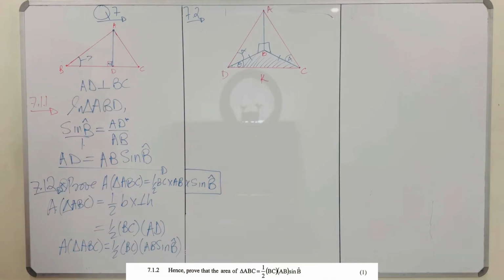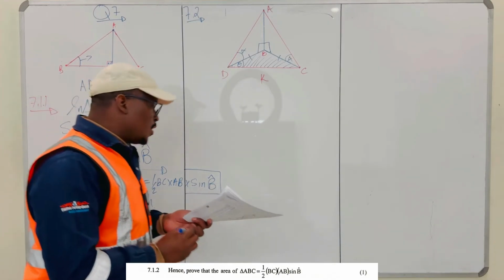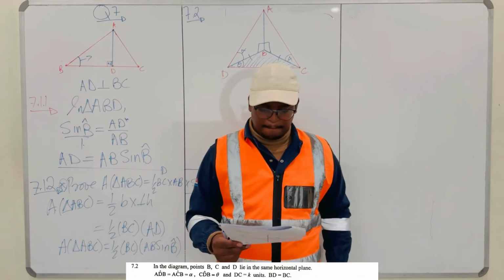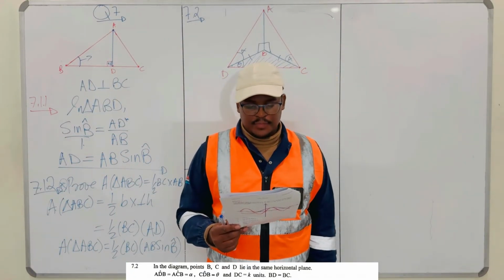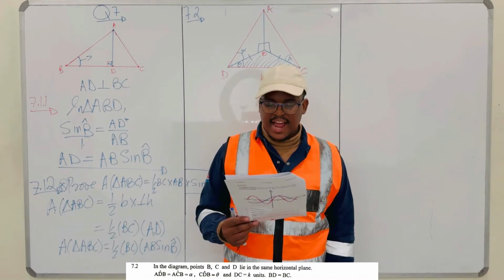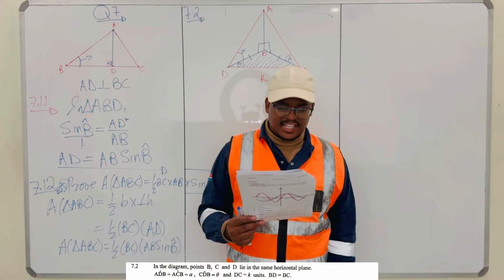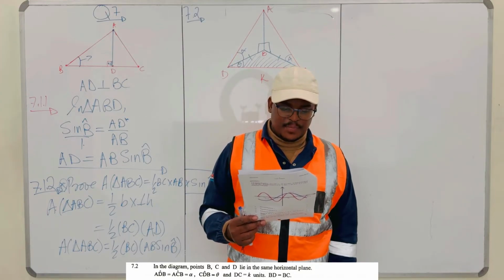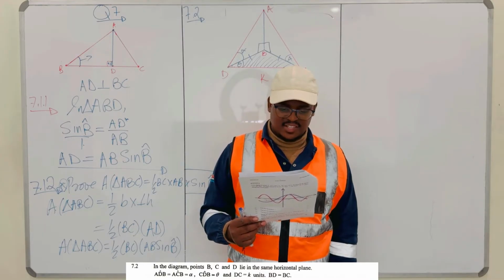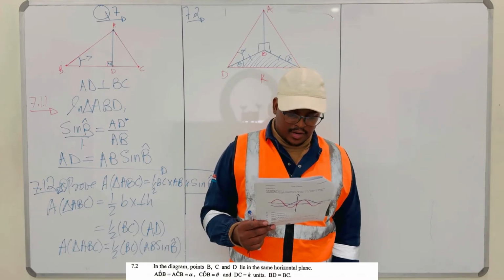We move on to 7.2. So what are they saying in 7.2? They are saying, in the diagram, points B, C, and D lie on the same horizontal plane. Angle D, between AD and DB, is equal to angle C, between AC and CB. They are both equal to alpha.